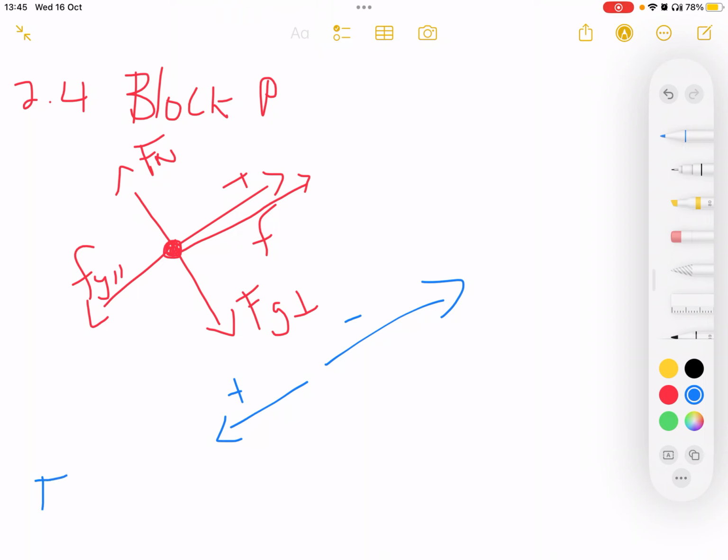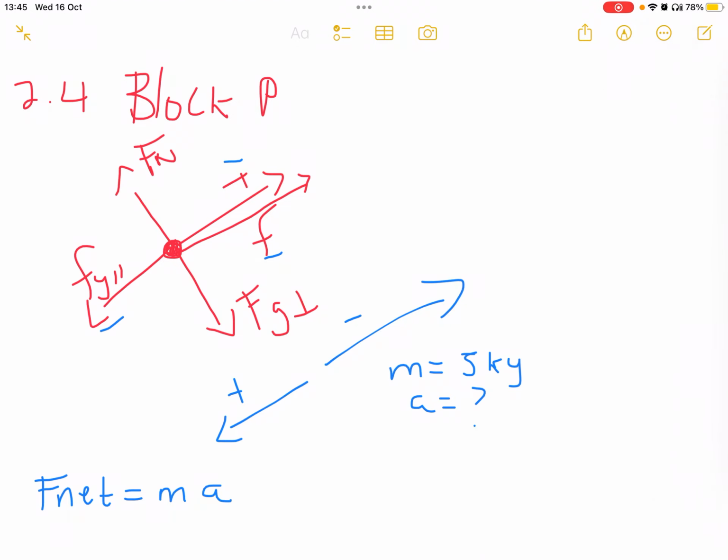So we can start by saying what? Fnet is equal to ma. Now the mass of the object is given as 5 kilograms. Acceleration, we don't know. Fnet, what is it comprised of? This force, this force, this force, and their direction. All right.